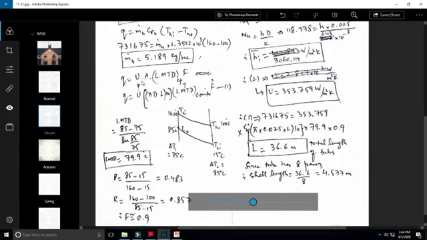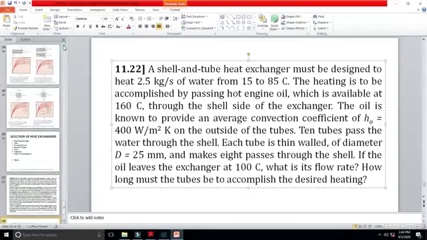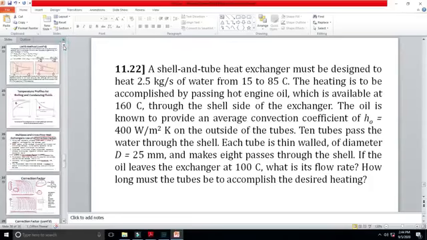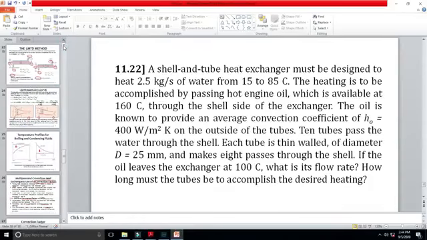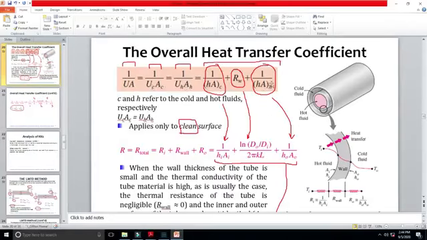find out U. Right? Now U, if you recall, I had shown you in the lecture that U would be calculated using this expression.